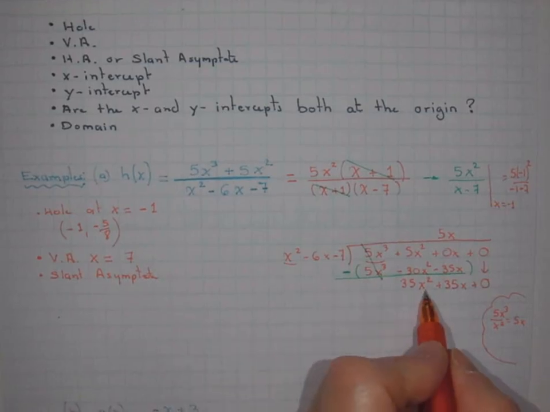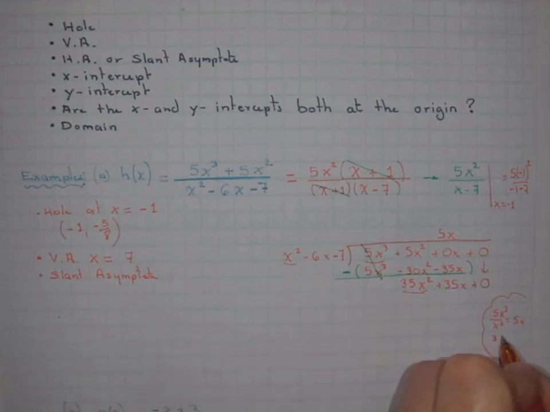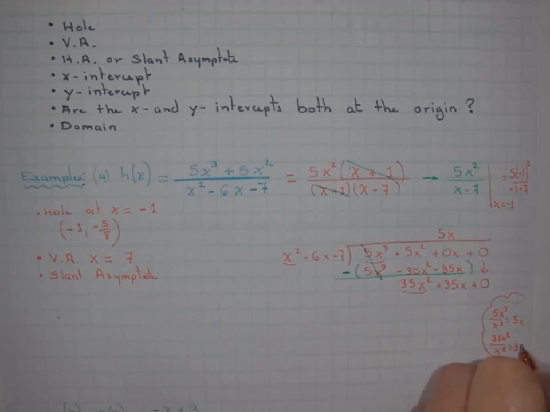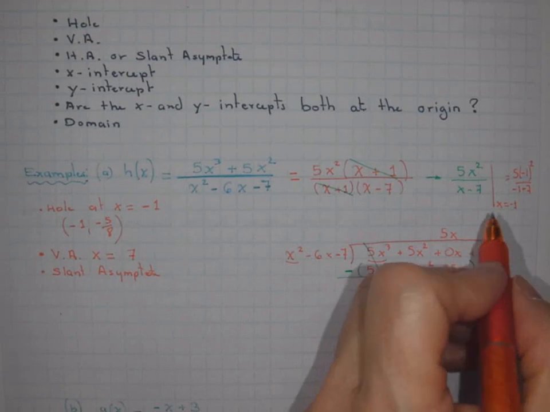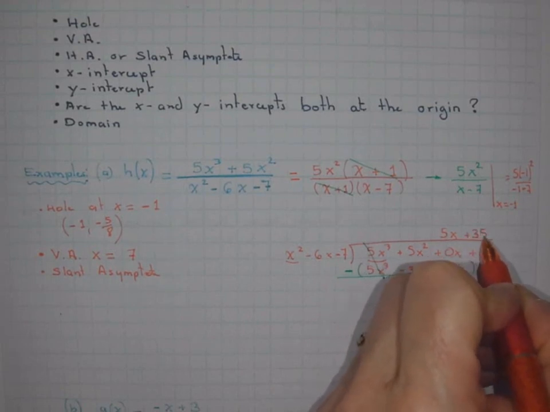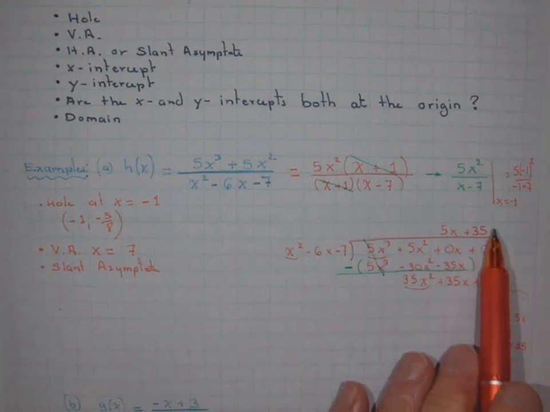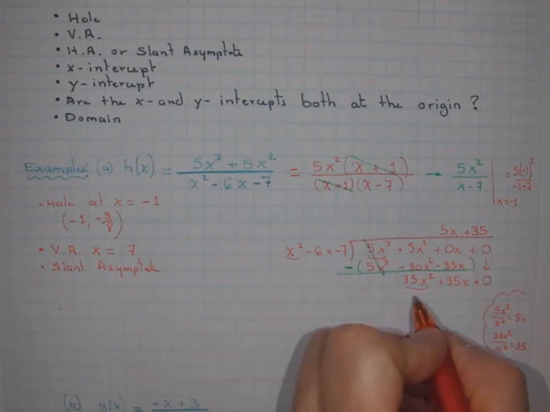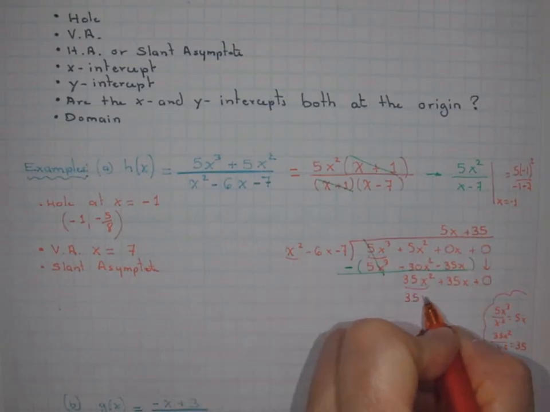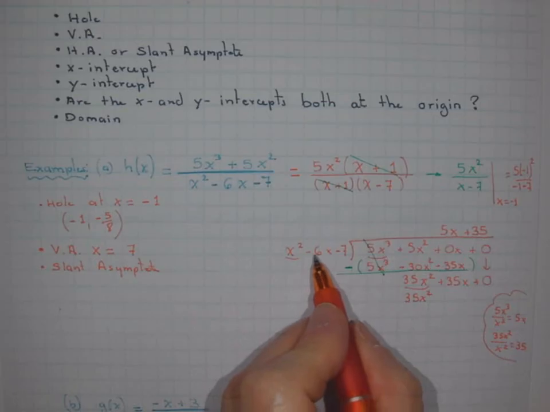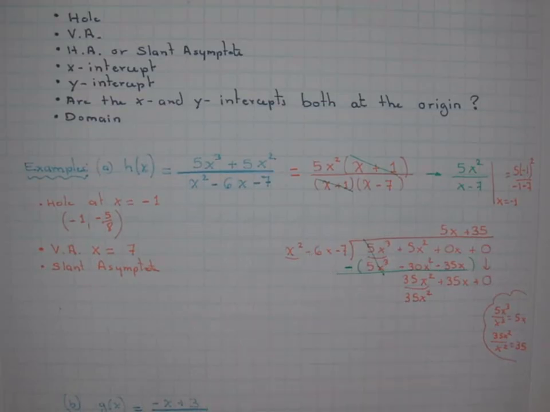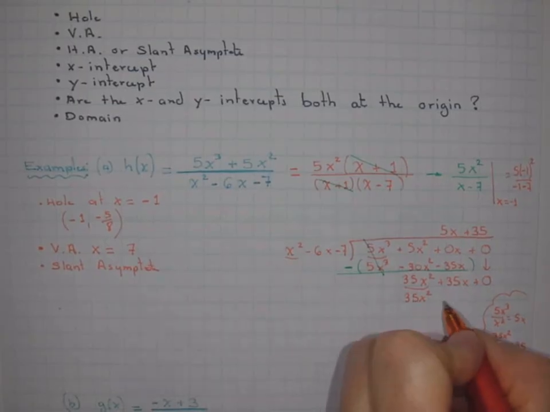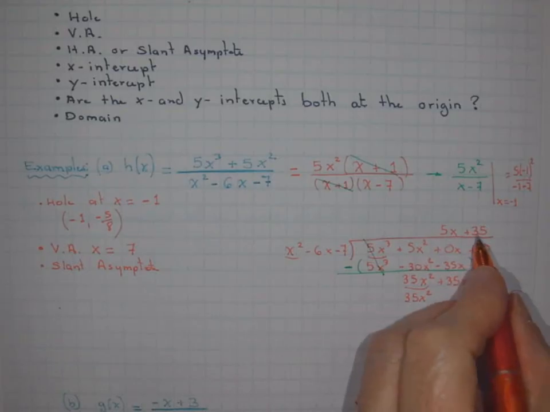And now I'm going to go 35x squared divided by x squared. So in my thinking bubble, 35x squared divided by x squared is going to be 35. So up here, I'm going to put plus 35. And I'm going to finish my division. 35 times negative 6, so 35x squared times negative 6 will be negative 210, right?